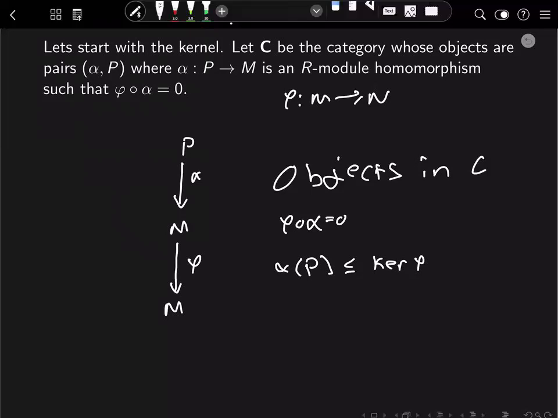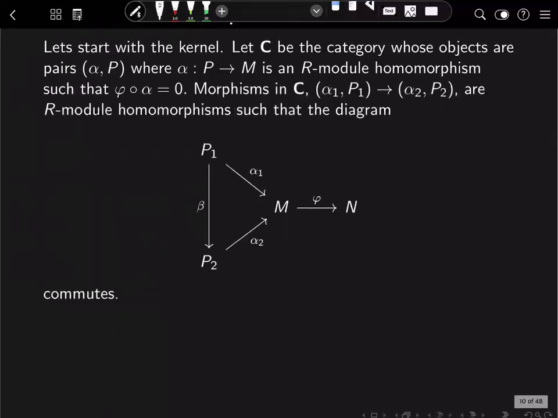Those are the conditions that we have. Now for morphisms in this category: we have two objects, alpha 1, P1 and alpha 2, P2.